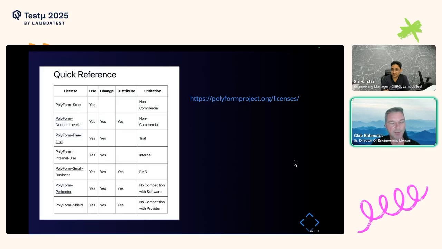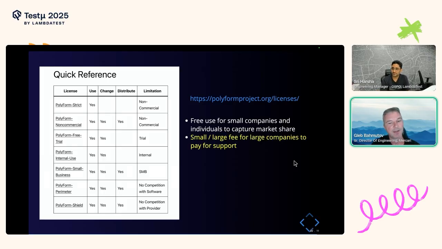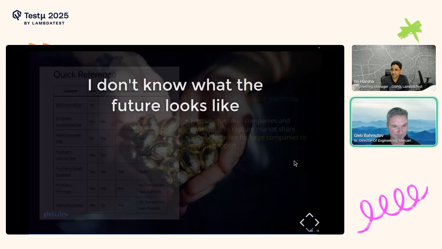Polyform has a very nice list of licenses that you can use depending on your situation. So you don't have to put MIT on everything. I picked the one that's free for small projects, individual projects, but a small fee for large companies, because that pays for support, that pays for my time.